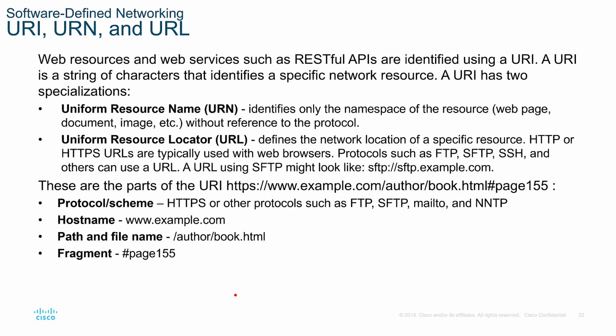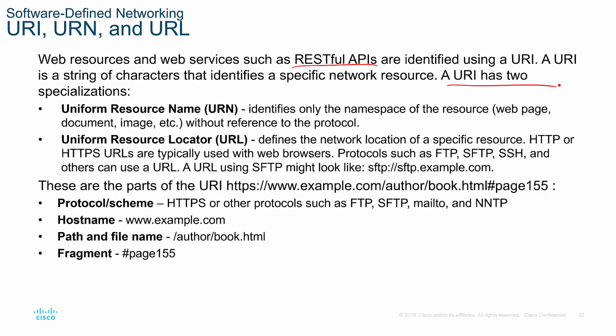The URI, URN, and URLs are also important. So web resources and web services that use RESTful APIs can be identified using the URI. The URI is a string of characters that identify the specific network resource.